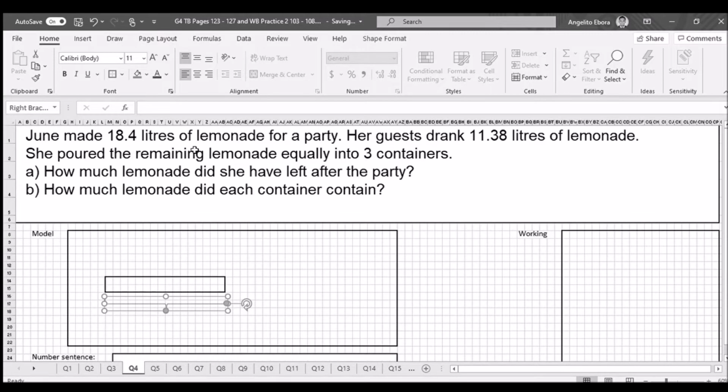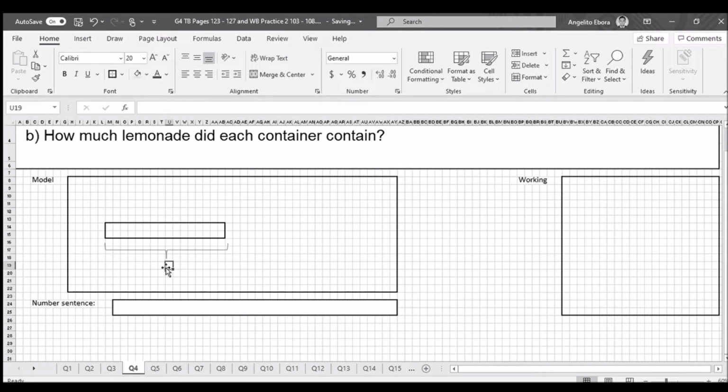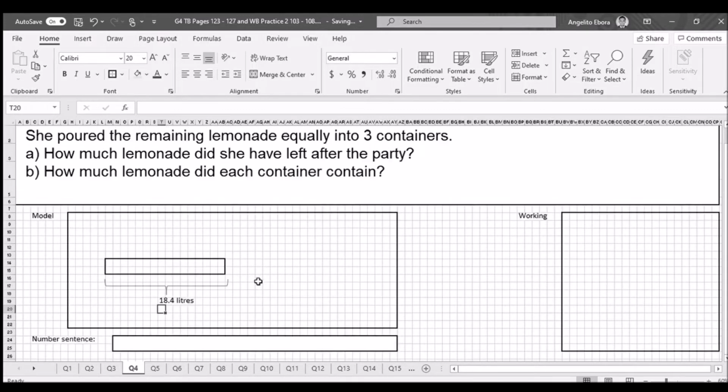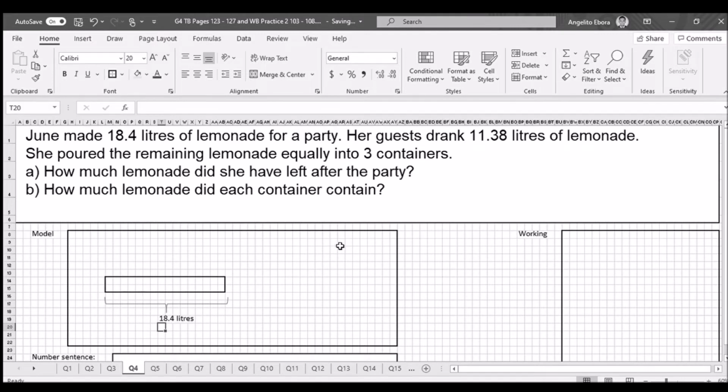All right, 18.4. So I'm going to write 18.4 liters here. Okay, so her guests drank 11.38. So we're going to take away this part to show that our guests drank it, right? So we'll take this away. So I'll put it here on top.